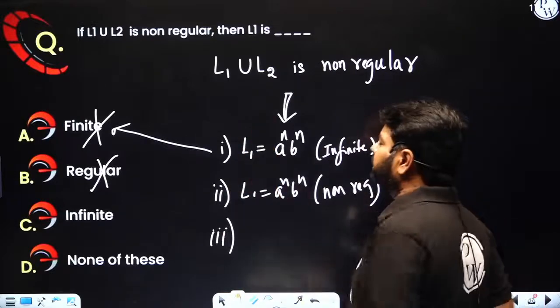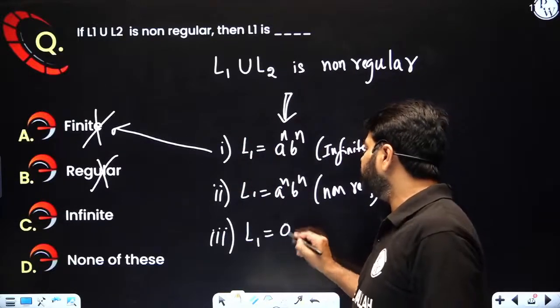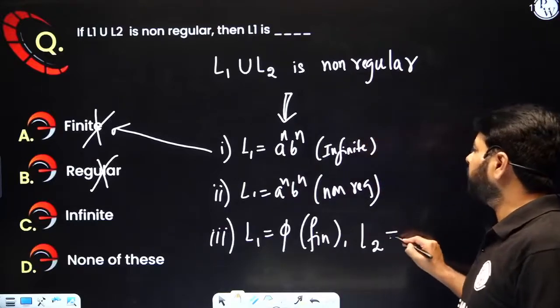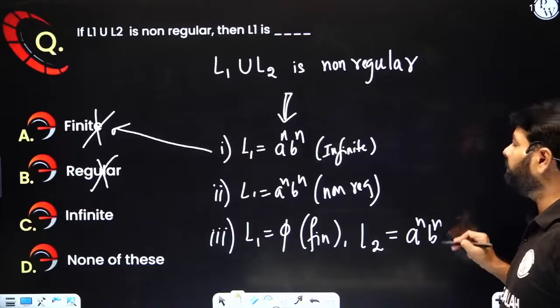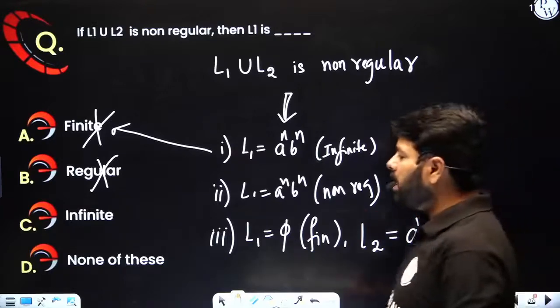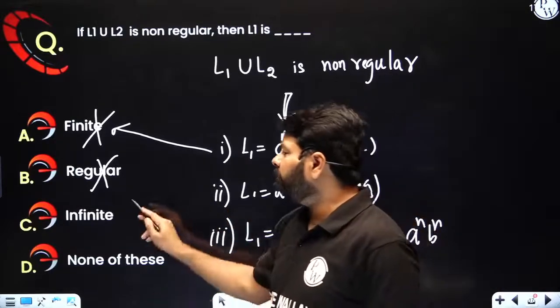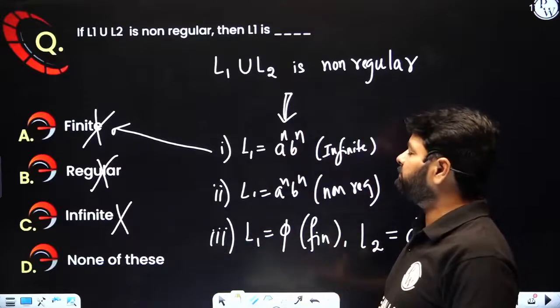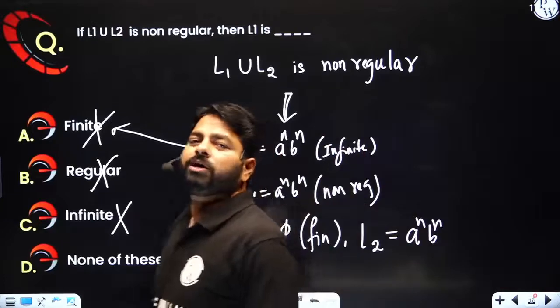L1 can be finite. I'll just take L1 as pi. It is finite, but at this time I will take L2 as a power n, b power n, because the result has to be non-regular. L1 can be finite. Now how can you say it is always infinite? Wrong, because sometimes when L1 is finite, the result is possible to be non-regular.